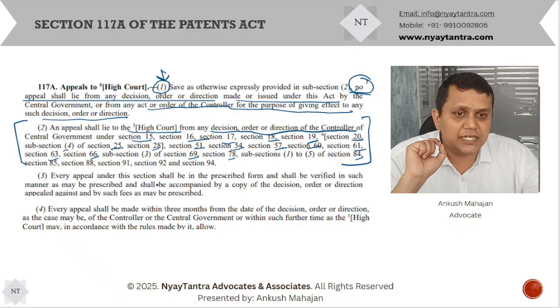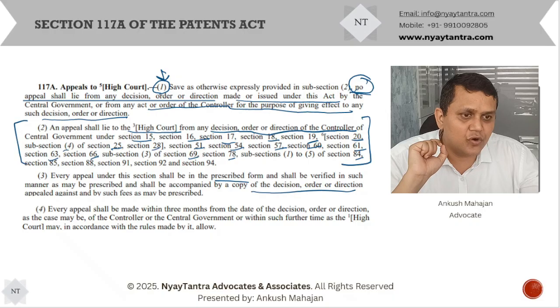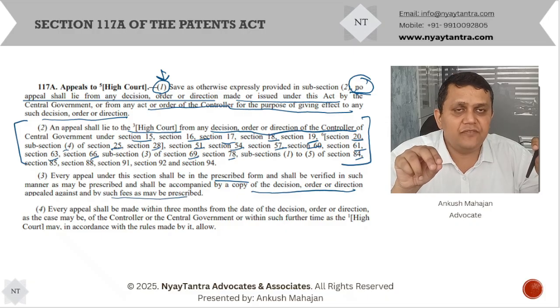What does subsection 3 now state? Every appeal under this section shall be in the prescribed form and shall be verified in such manner as may be prescribed and shall be accompanied by a copy of the decision, order or direction appealed against and by such fees as may be prescribed. So basically, what does this subsection 3 state?